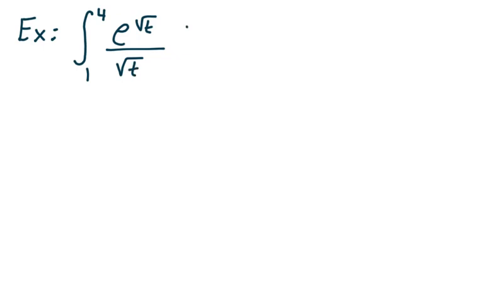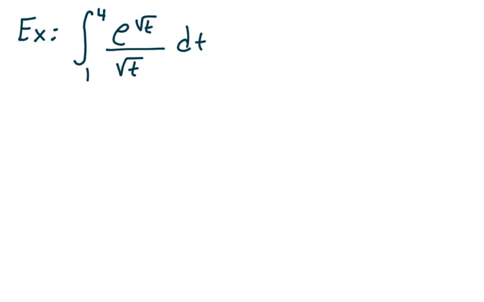Now, let's come over here and let's do another example. Now, suppose I give you the following. Suppose I give you the integral from 1 to 4 of e to the square root of t divided by square root of t dt.